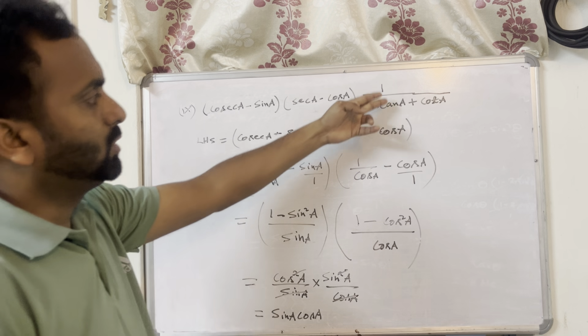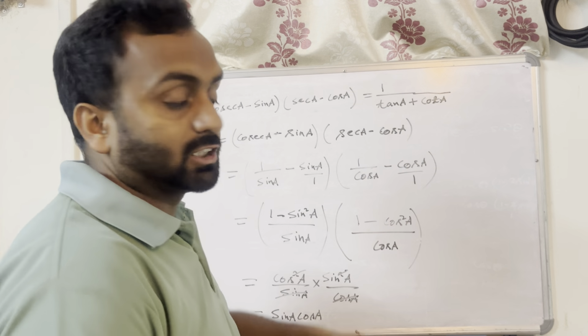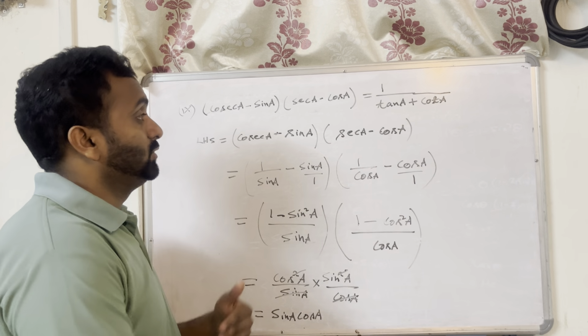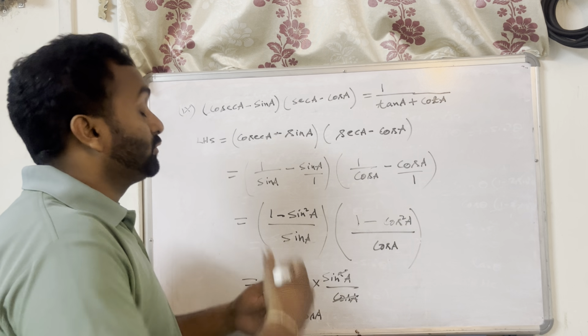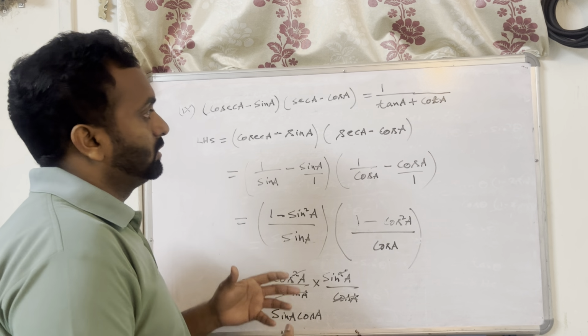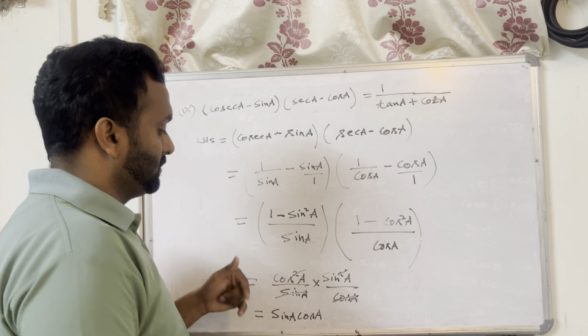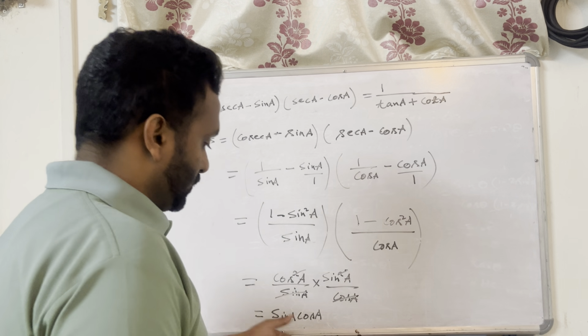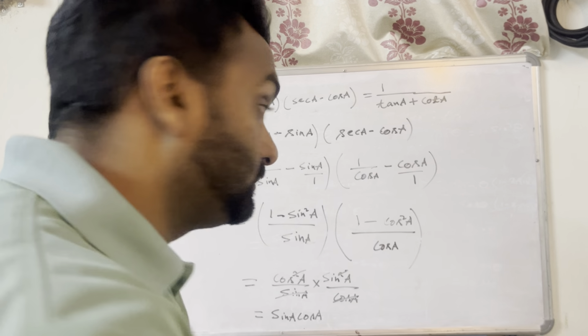But that is not equal to our RHS. That means RHS we have to prove individually. Okay, we have to further solve it. So we have to find the value of RHS, and it will be equal to sin A cos A. So let's do that.